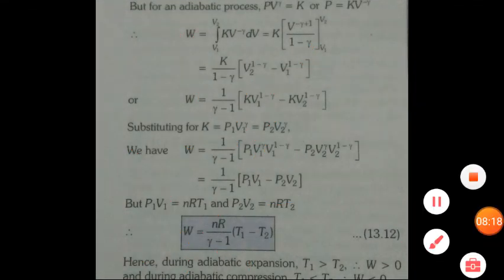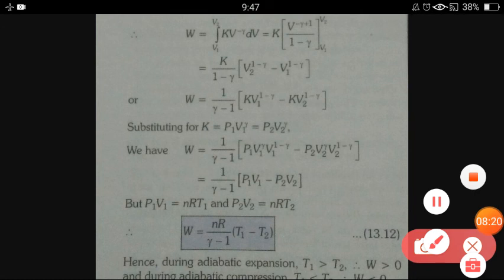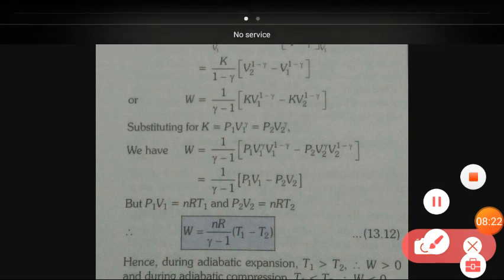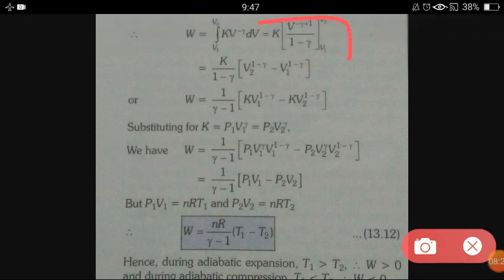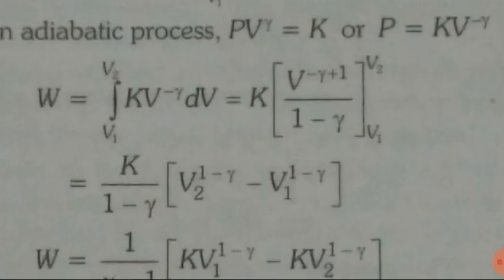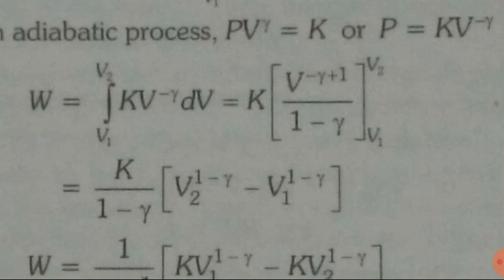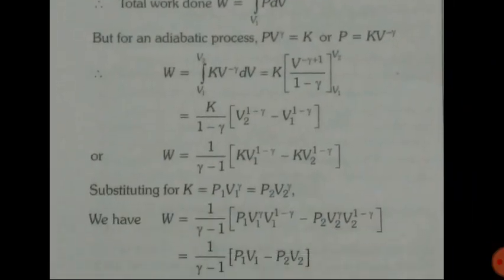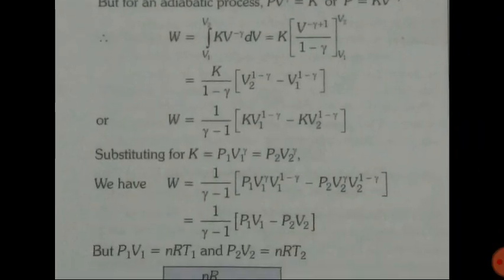Okay, so like this we have got this value here. K into V to the power minus gamma plus 1 upon 1 minus gamma, and limits we are having V1 to V2. So this we have got simply from the integration formula. Now we will put upper limit minus lower limit.